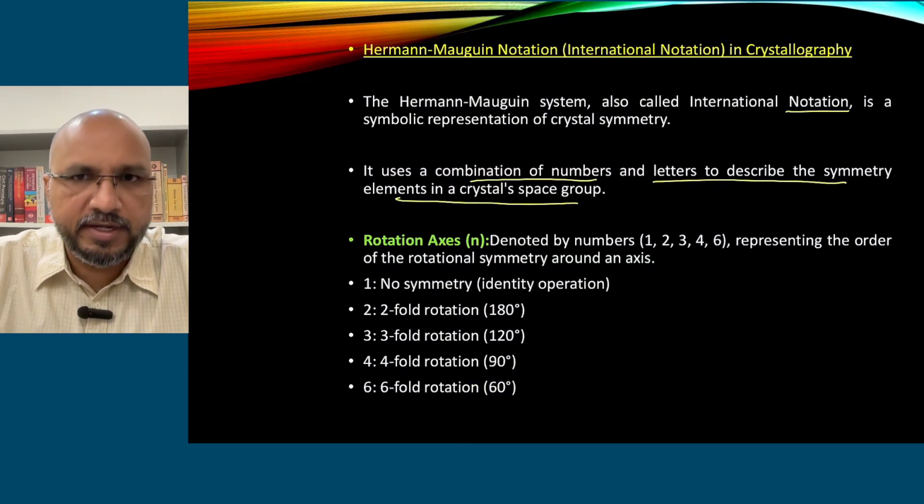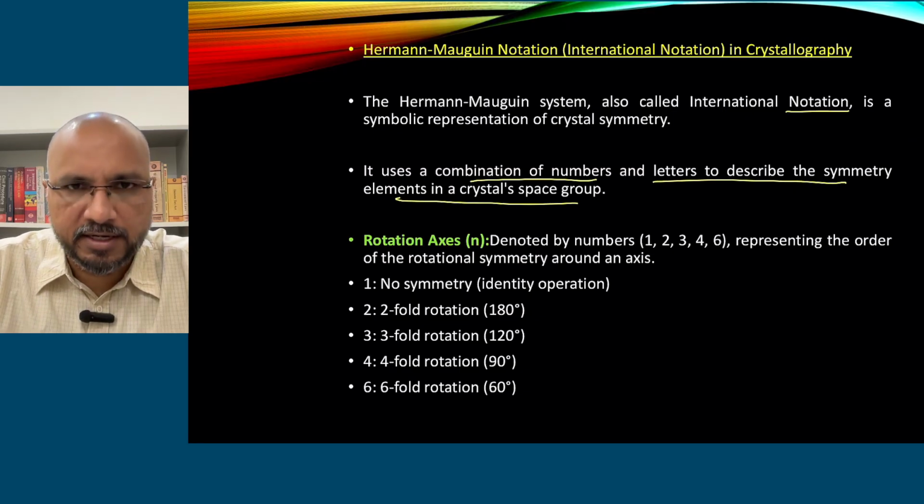Before we move forward, I will urge you to go through the previous videos where we have described the different symmetry elements of crystals. Once you understand the symmetry elements of crystals, mirror planes and rotational axes, then you can come back to this video.